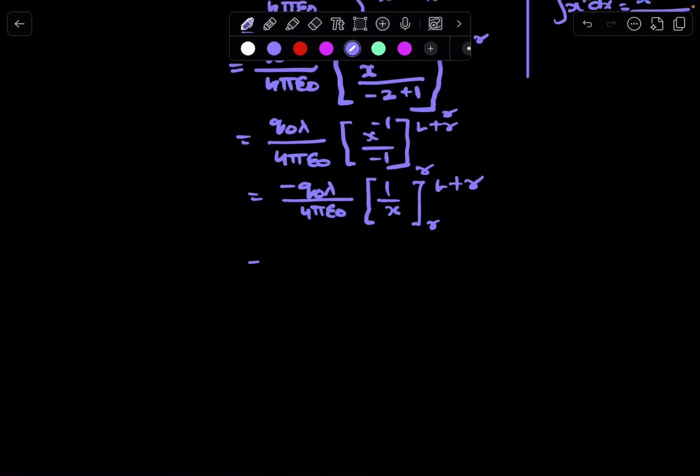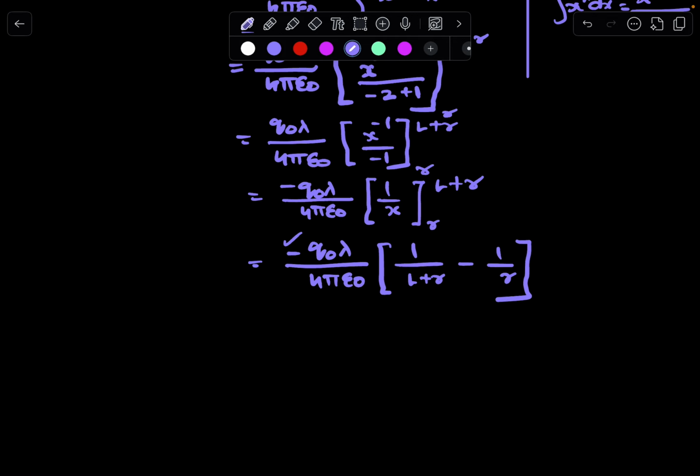First I'm going to substitute L plus r. Minus q naught lambda by 4 pi epsilon naught into 1 by L plus r minus 1 by r. Now I'm going to rearrange the steps, then automatically this minus will be cancelled, right?